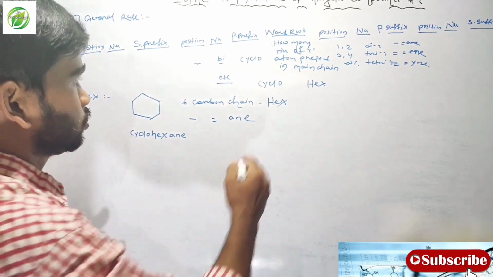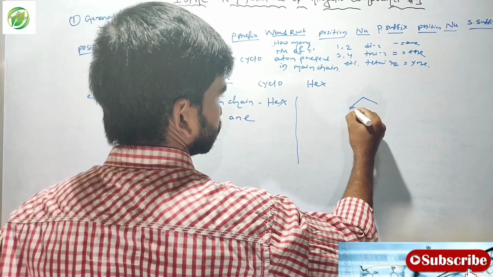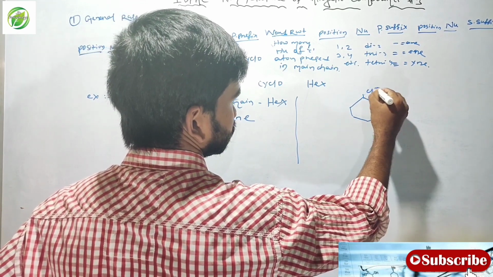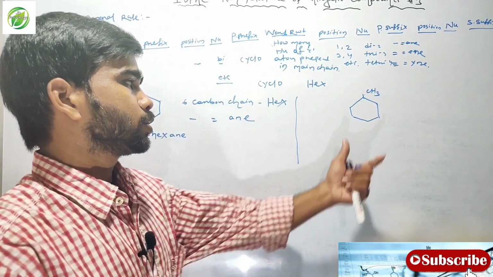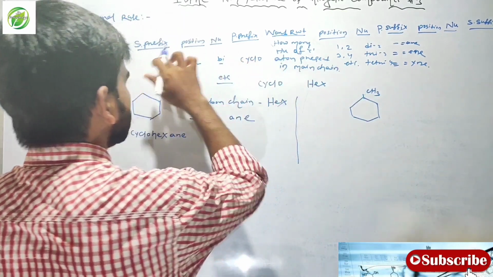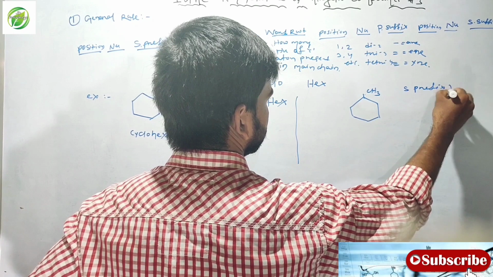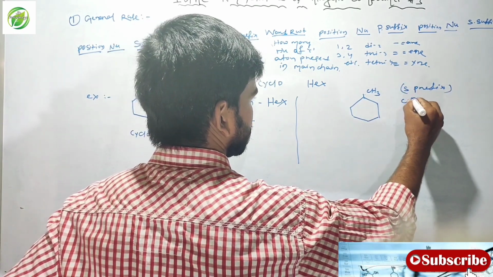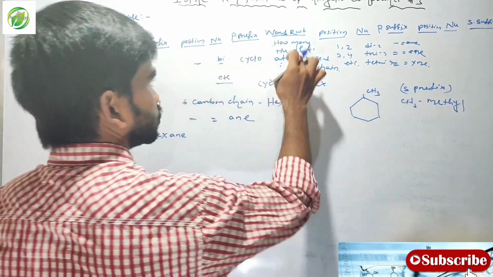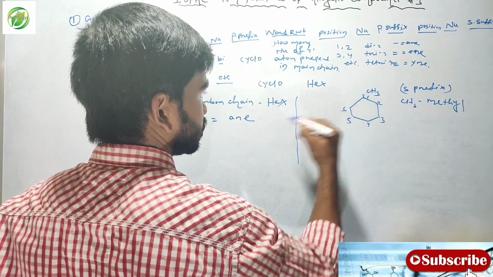Let's try to understand with another example. Friends, one substituent is present. For a substituent, we use a prefix, that is a secondary prefix. For CH3, we use methyl. The number of carbon atoms present is 1, 2, 3, 4, 5 and 6.